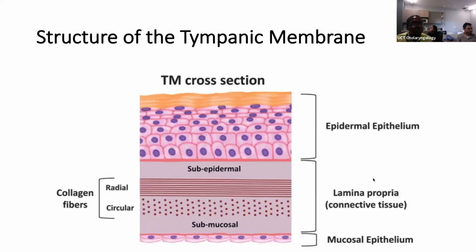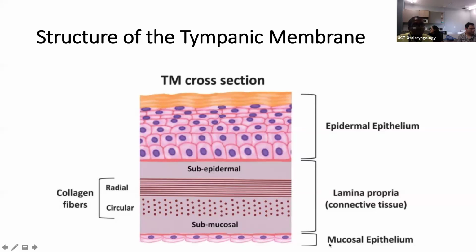So a cross-section of the structure looks like this, where we have the epidermal layer, the epithelium, which is in continuity with the external canal, and then the lamina propria, where you have the radial and circular collagen fibers.